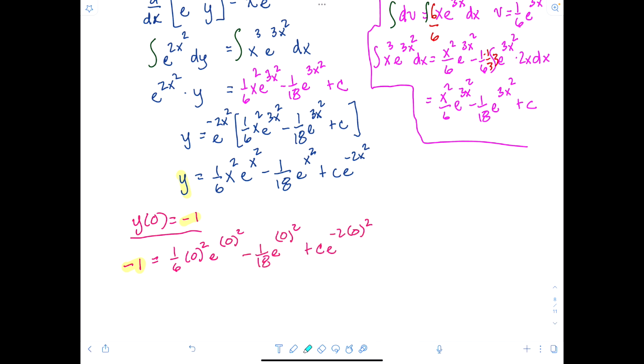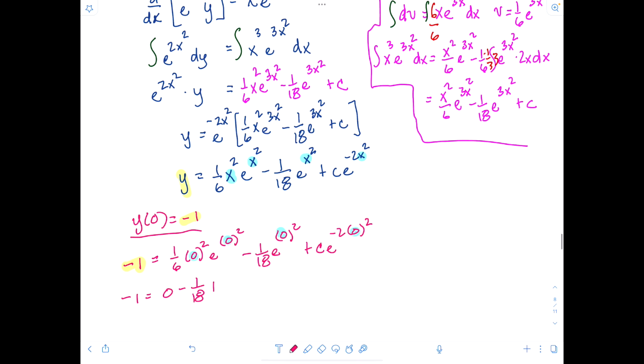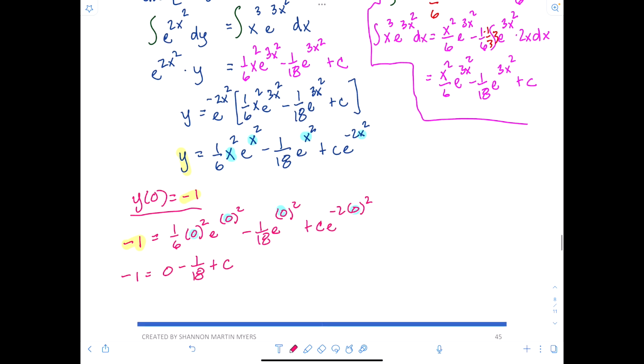This is where I plugged all that in. So we'll have -1 is equal to, this term zeroes out, minus 1/18, that'll be 1, and then plus c times 1.